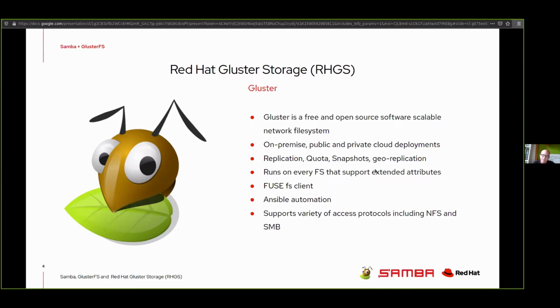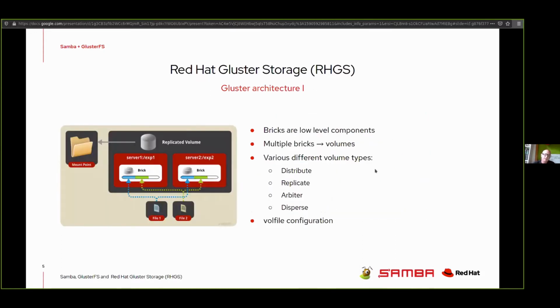So it's not a native kernel client, but part of Fuse, which is commonly used and quite feature-rich as well. Then comes the whole set of automation and management utilities around it. There's a good integration with Ansible, and it supports a whole variety of access protocols: NFS, using NFS Ganesha, and obviously SMB as well, which we're going to talk a bit more about right now.